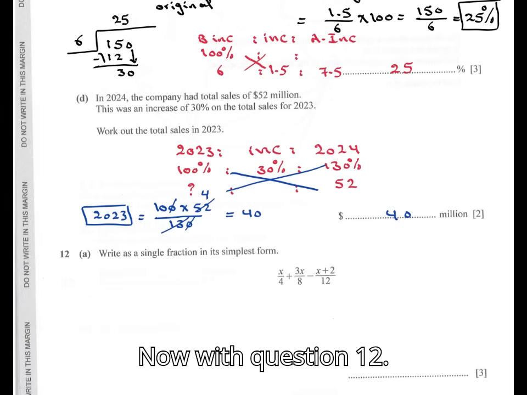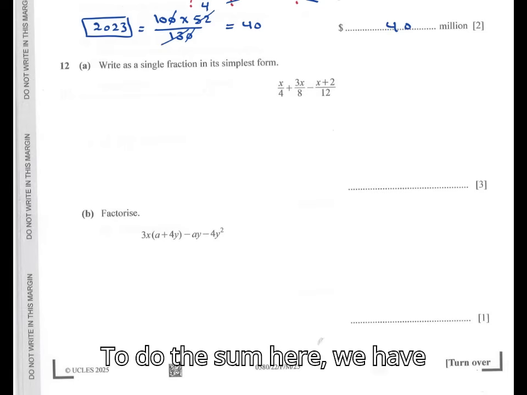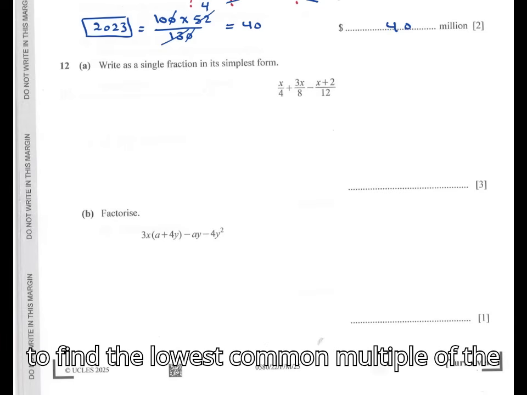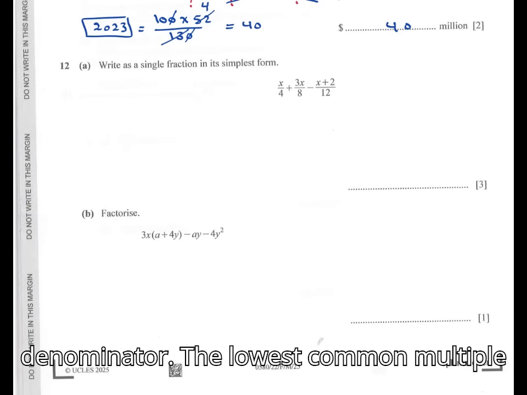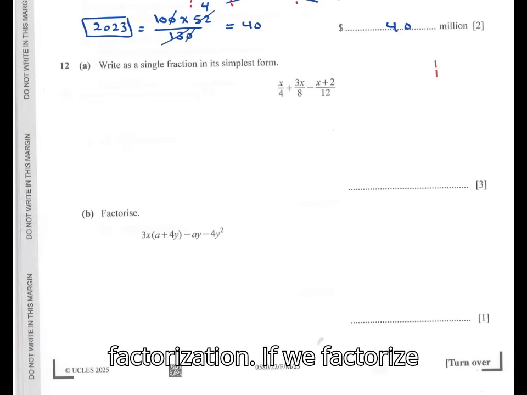Now question 12. To do the sum here, we have to find the common denominator. We have to find the lowest common multiple of the denominators. The lowest common multiple can be easily found by factorization.